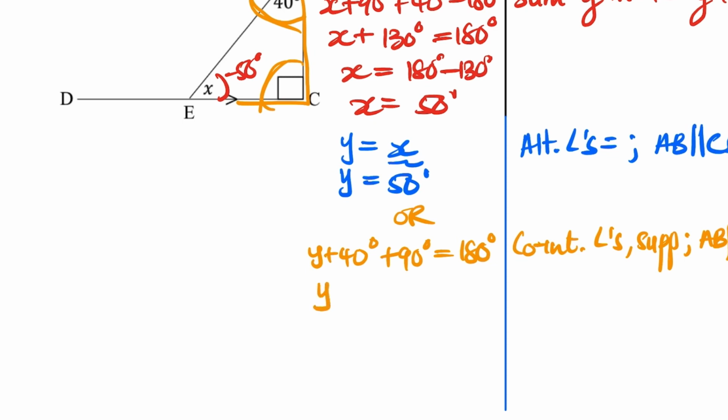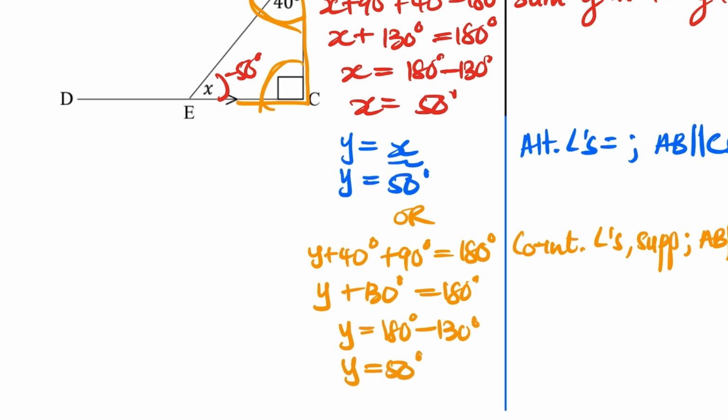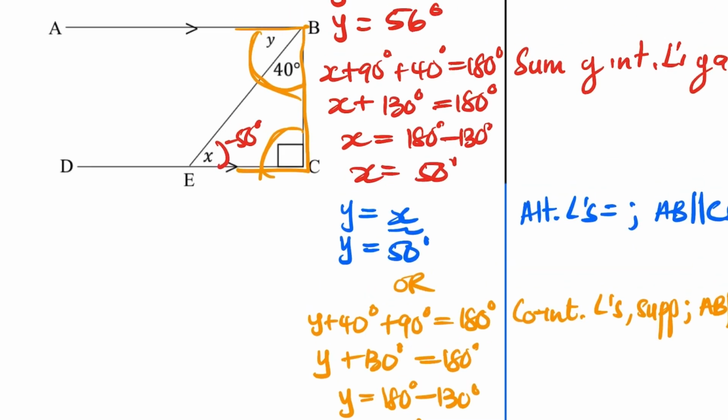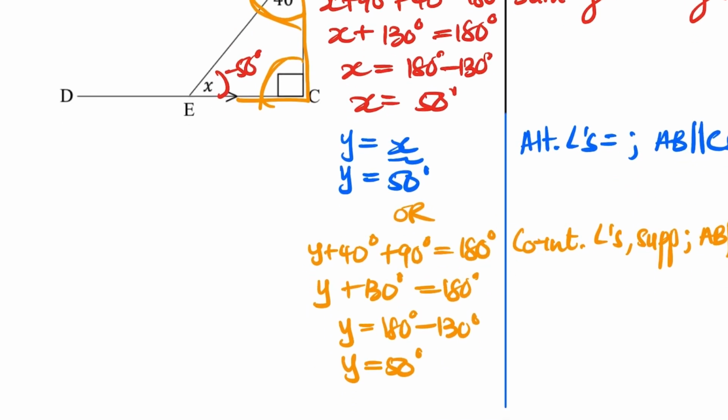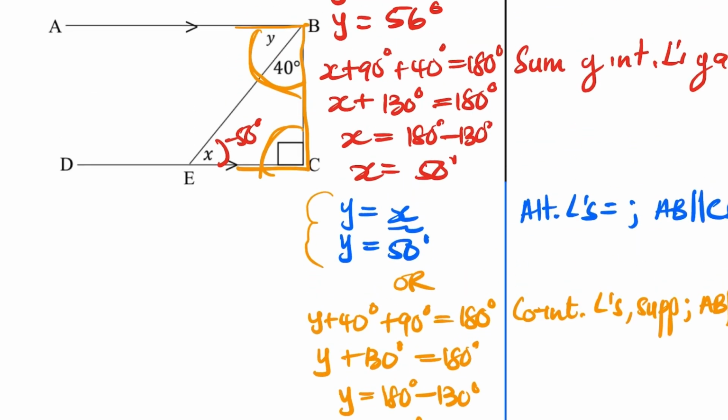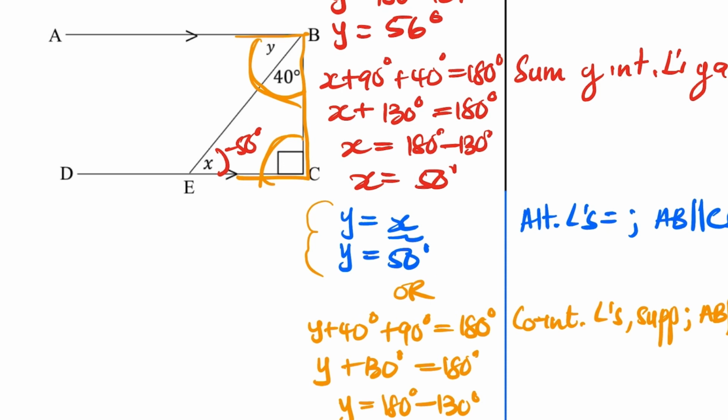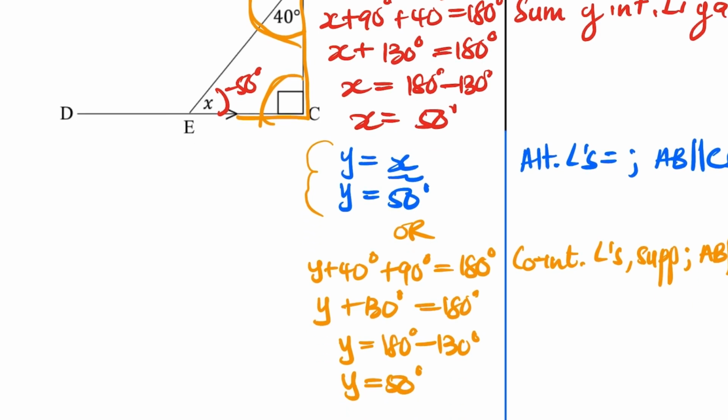So y plus 130 equal to 180. So it's going to be 180 minus 130 if we transpose. It's going to be 50. So it's the same, but the easiest is this one, right? I guess those are the two ways that we can do that.